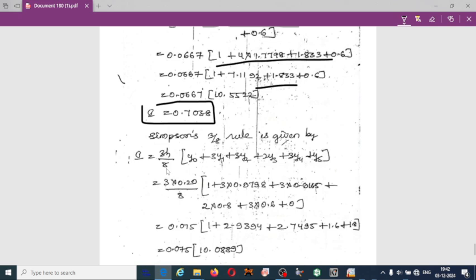So 3 by 8 rule. First write down the equation: 3h by 8 into y0 plus 3y1, 3y2 plus 2y3, 3y4 plus y5.